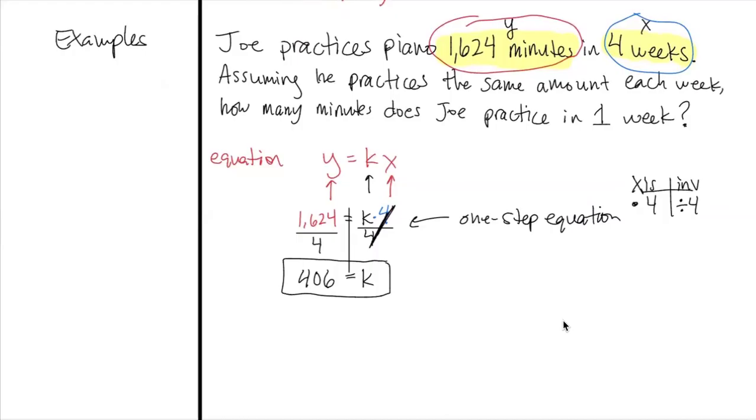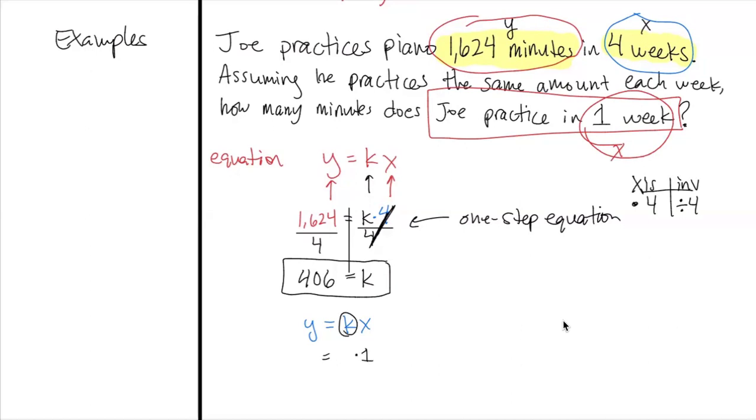Now let me take my equation again: y equals kx. I want to know how much Joe practices in 1 week. So weeks are x, so that's my new x. I'm going to use a new equation, and x is 1. But now I know what k is. k is 406.